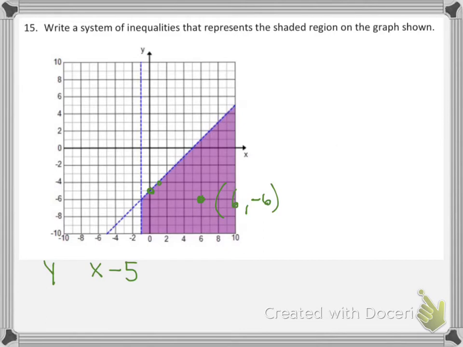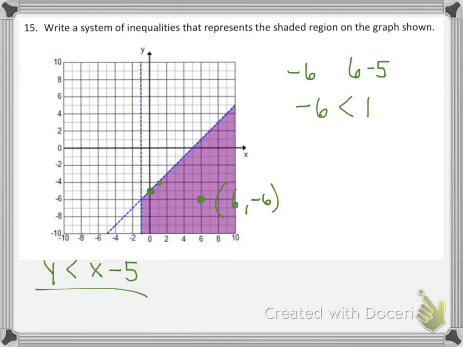And then we'll plug it into this inequality. We'll think about it and see what the symbol would have to be. Well, if my Y value is -6 and my X value is 6, I get -6 is something to 6 minus 5 is 1. And -6 is less than 1, so that's my symbol. Y is less than X minus 5.